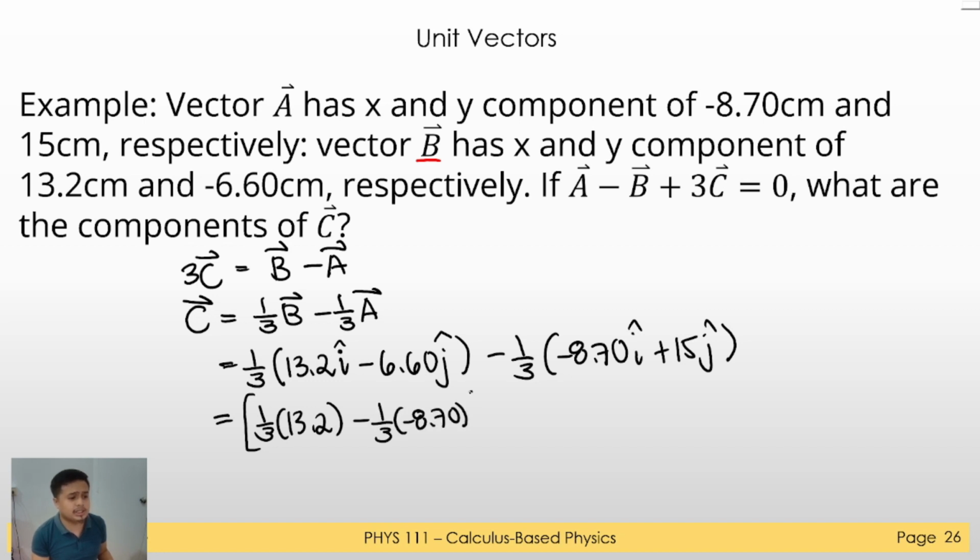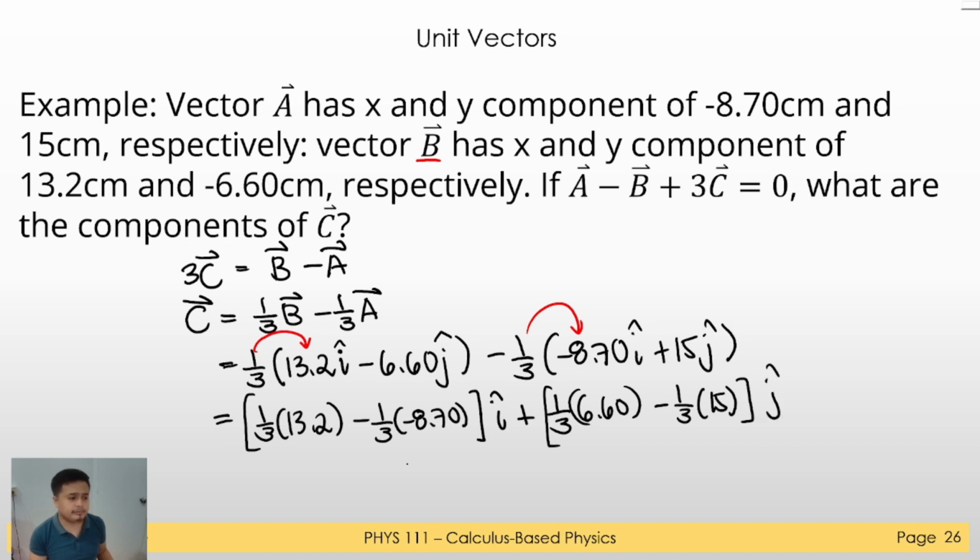So what we just did here, we just added the components of x. And also we distributed this, and then all the x components here added. And then for the y components, we have 1/3, also distribute this as well. 1/3 of 6.6, and then we have negative 1/3 of 15, and then j hat.